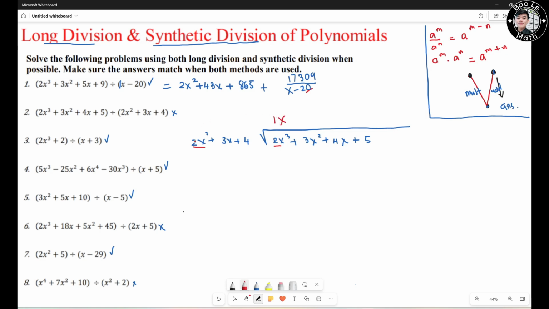Now you need to multiply this one back. So it could be 2s cubed. Right? 1s times 3s is going to be 3s squared. 1s times 4 is going to be 4s. Alright. Now you need to change the sign.